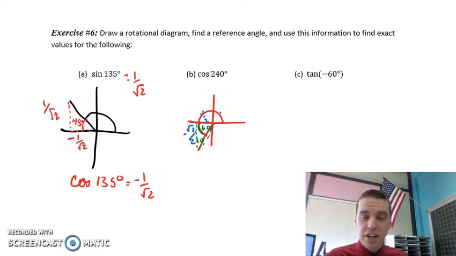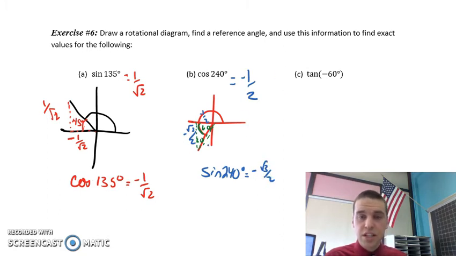Again, going back to that triangle, if you need to go back in your notes, it's fine for right now. You're going to need to have those memorized. And so cosine, the x value is on the x-axis, the negative 1/2. If we're looking at sine of 240, we could look at the y value, which was negative square root of 3 over 2.